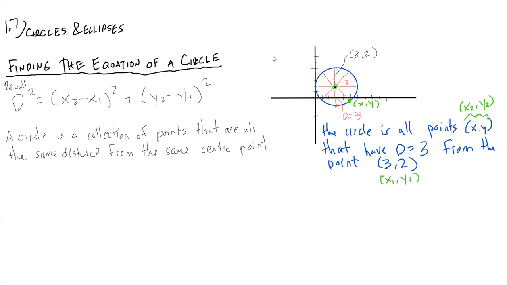So we should be able to put that together to get 3 squared equals x, so my x2 is x, my x1 is 3, plus, and then my y2 is y, my y1 is 2. And so this would be my formula. We wouldn't want to simplify it or anything. It actually is easiest to read in this format because you can see what the center is. It's this 3 and 2. We can see the radius of 3 on the left.